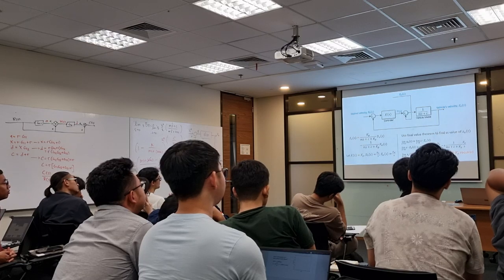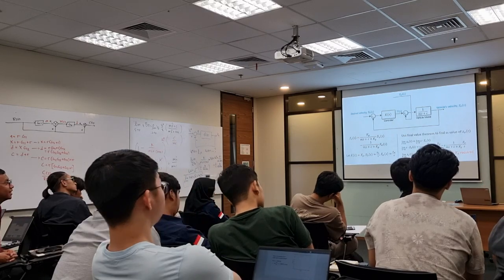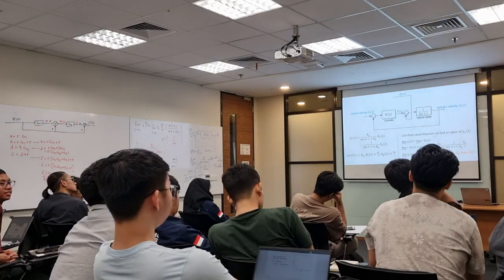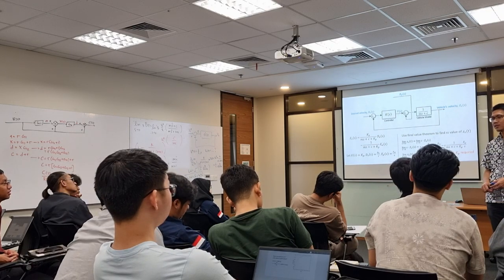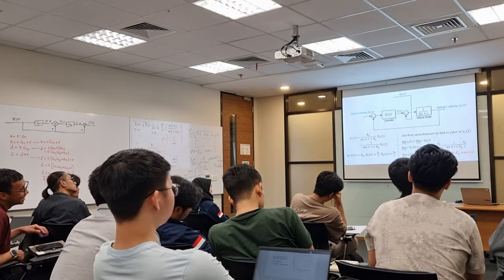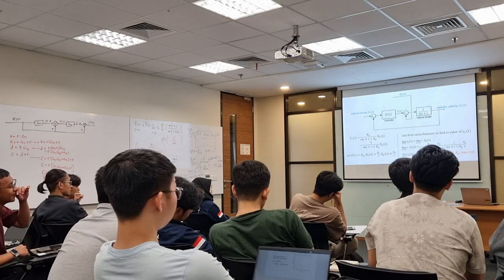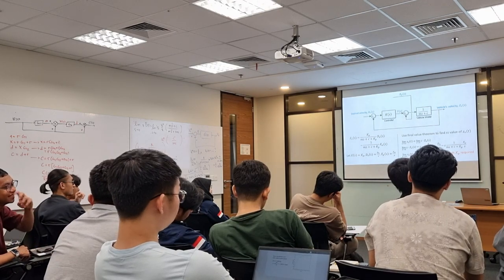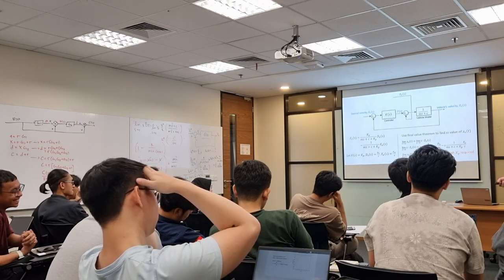Is it possible to make KP infinity? There is a limit. What limits KP? The engine torque. No matter how much torque you have, there is still a limit, which is why PID is still the one being used in practice.